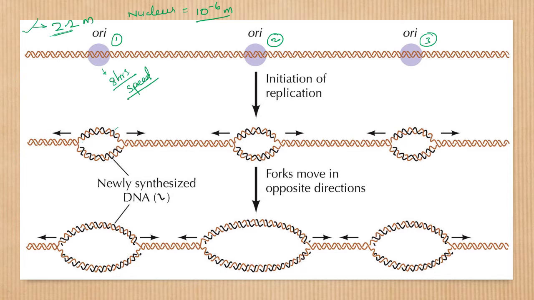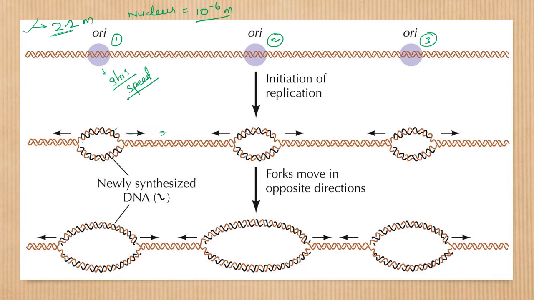This end is extended towards this region, and this end towards that region. Gradually the entire DNA is synthesized as a new molecule. Several origins start and continue the replication process, and finally the entire length is completed.